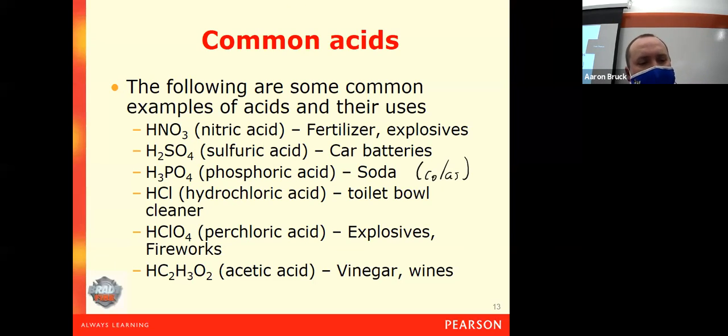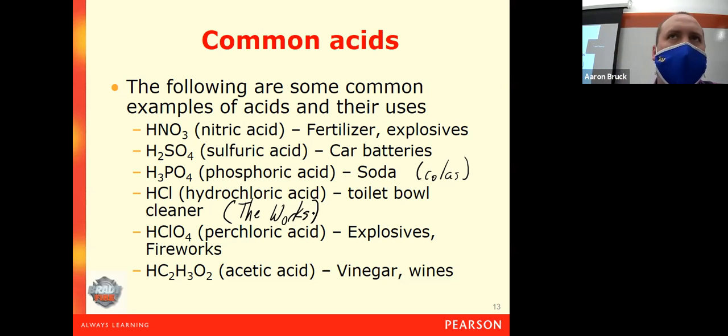Hydrochloric acid can be found in toilet bowl cleaners. I've made mention and reference to this a number of times. The toilet bowl cleaner known as the Works is the one that uses hydrochloric acid as its primary cleaning agent.